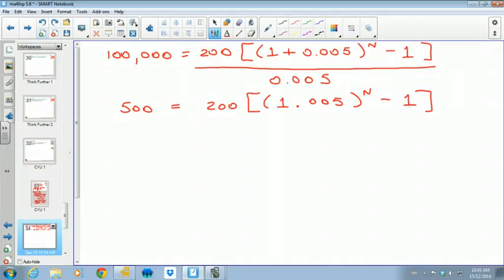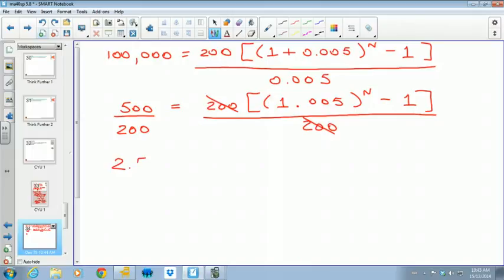Okay, now what? Divide both sides by 200. That makes it nicer. 500 over 200 is just 2.5. So that leaves us with this.